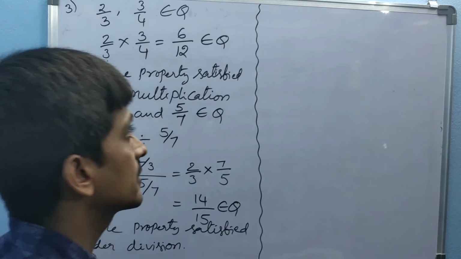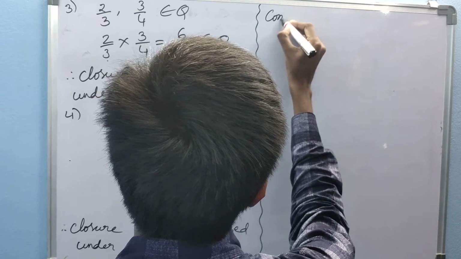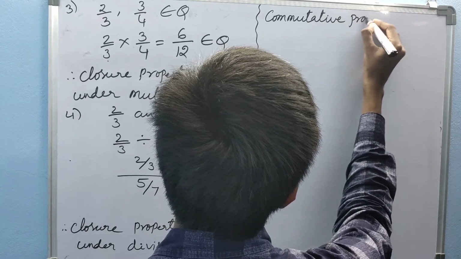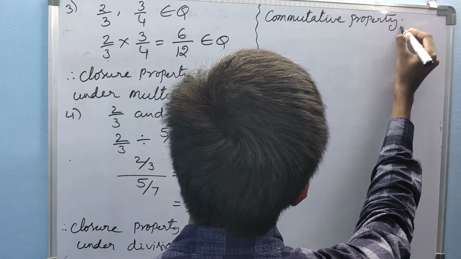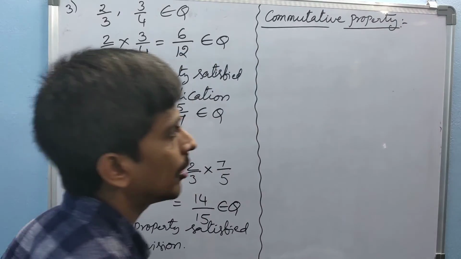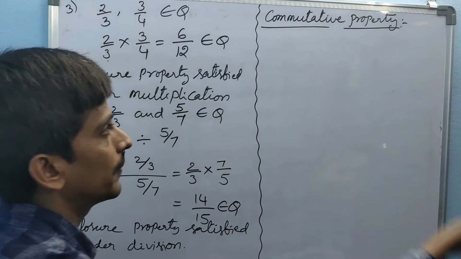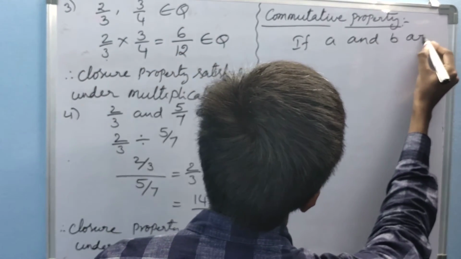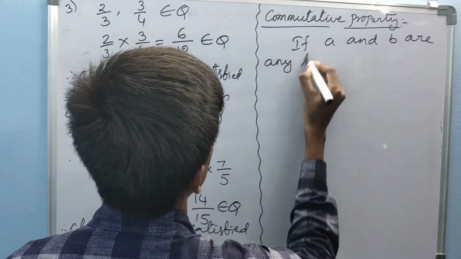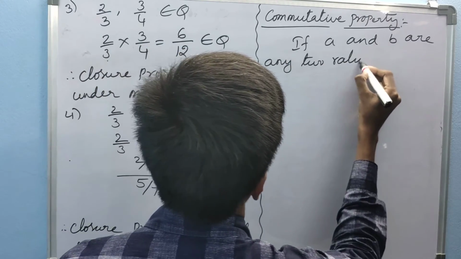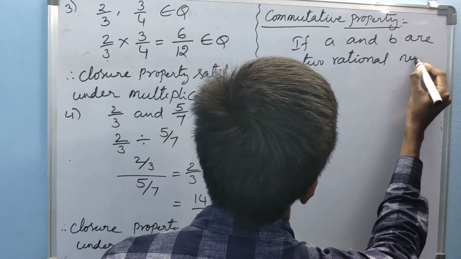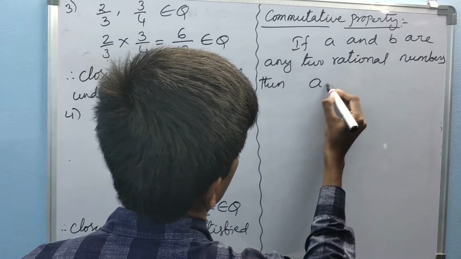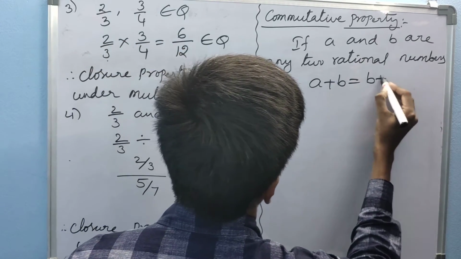Okay, the next one is commutative property. What about commutative property? Commutative property means if a and b are any two rational numbers, then the condition is a plus b equals b plus a.